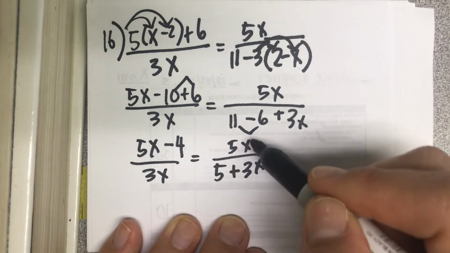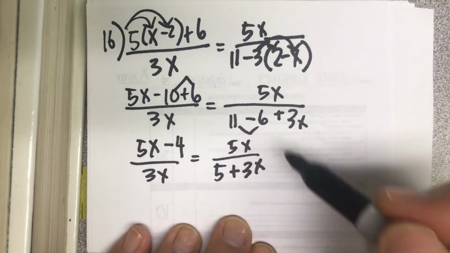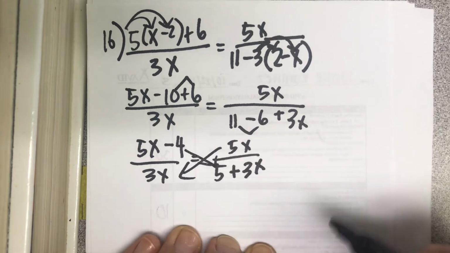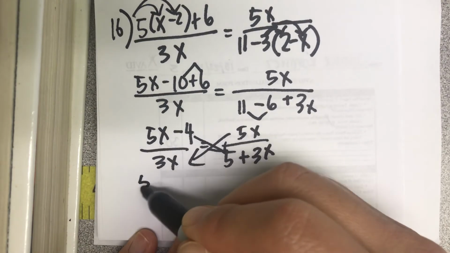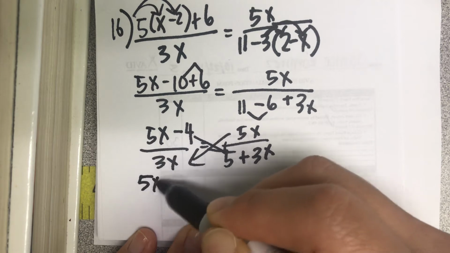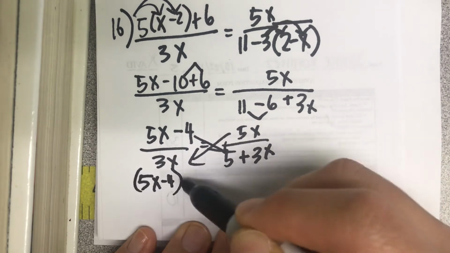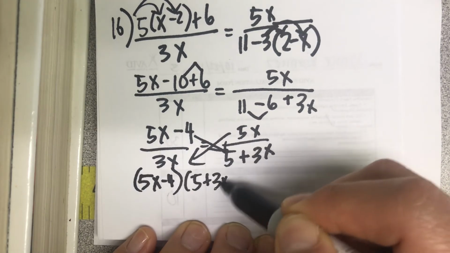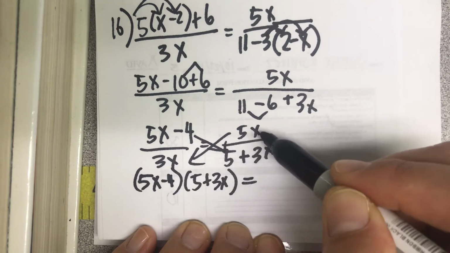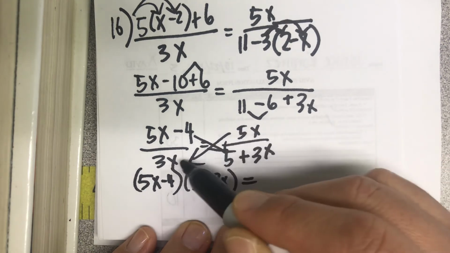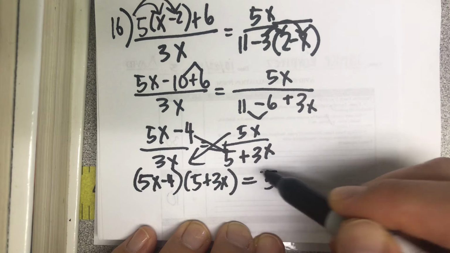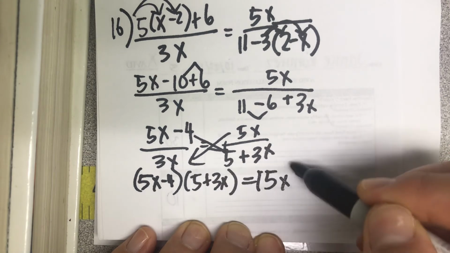Okay, now from here we got one fraction and one fraction. What can we do? Cross multiply. Okay, so we're gonna multiply 5x minus 4 times 5 plus 3x, and then the equal sign, and then do this now. 5x times 3x is 15x squared.